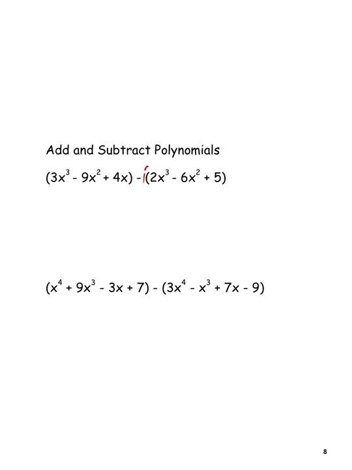So if you look at the idea of distributing here, what we really have is if we want to take these parentheses out, we have the 3x cubed minus 9x squared plus 4x, but then we have a negative 2x cubed right here. So this is minus 2x cubed, okay? Again, that's just carrying the minus through.